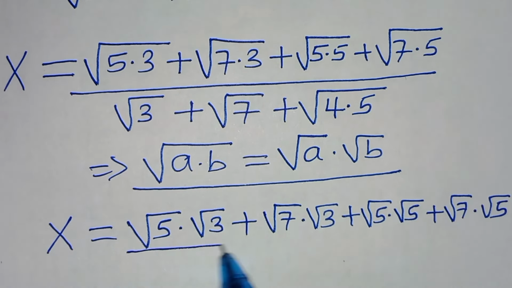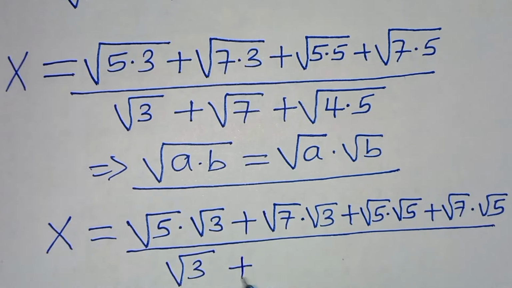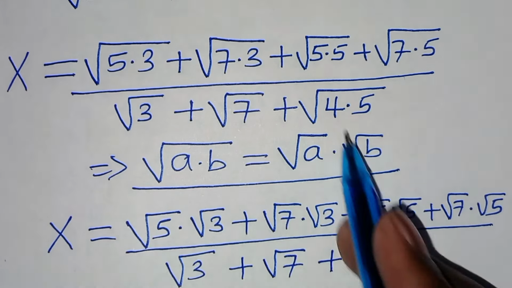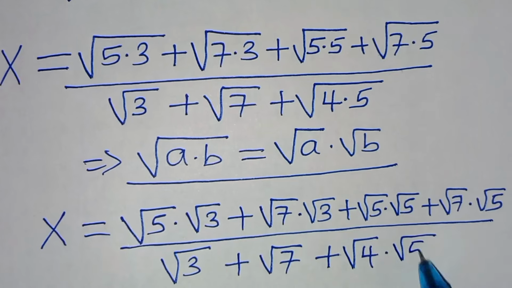This divided by square root of 3 plus square root of 7, then plus square root of 4 multiplied by square root of 5.